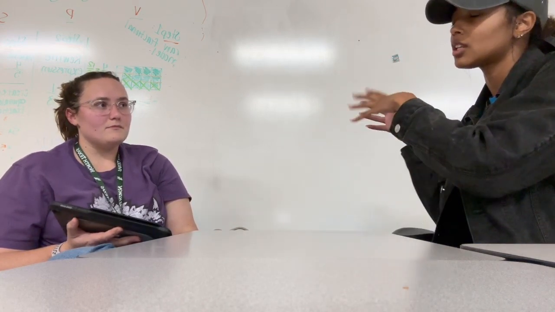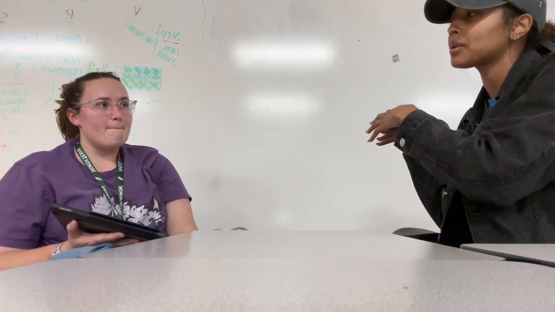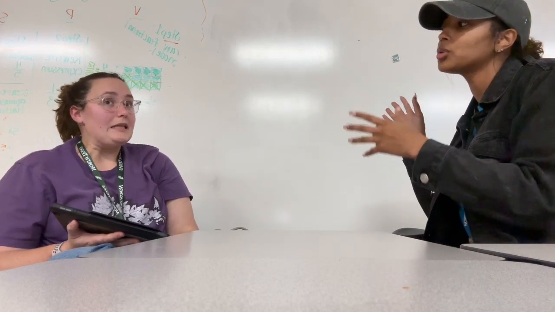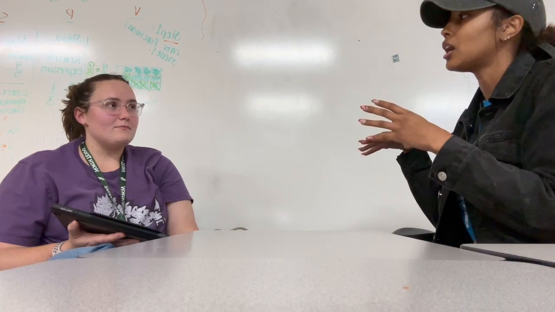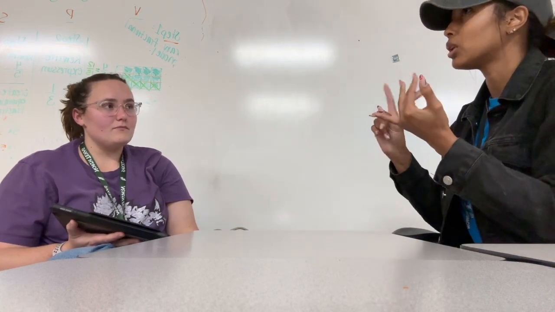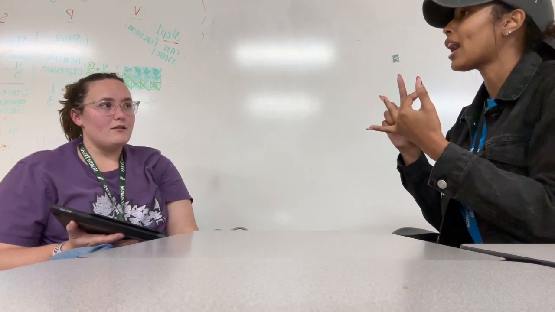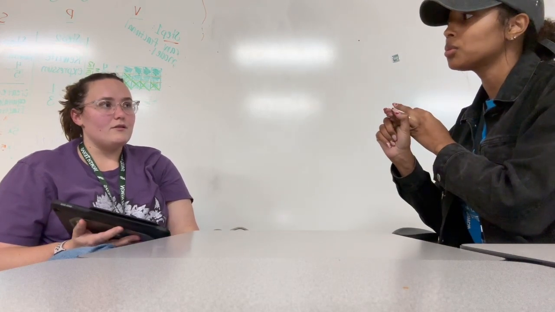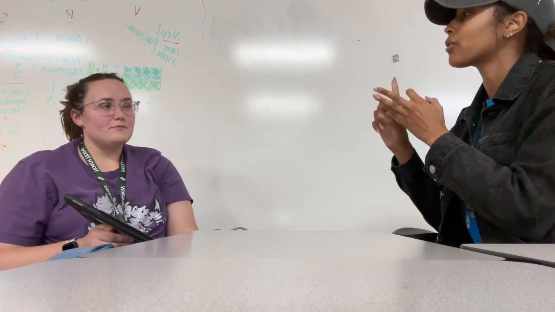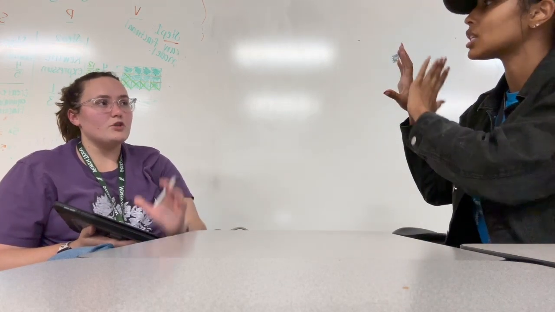Or if I hear some other scholars having a great conversation, I'll try to include them, or I'll have them talk to another group and get their ideas, or refer them to the anchor chart on the board to help guide them.